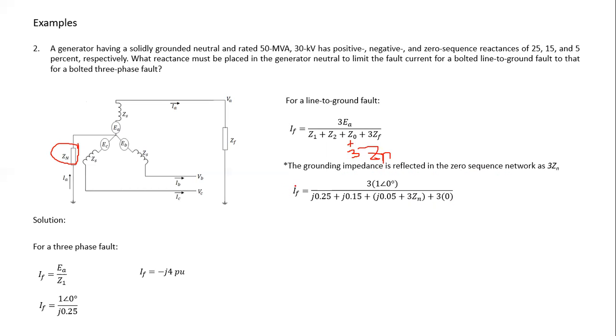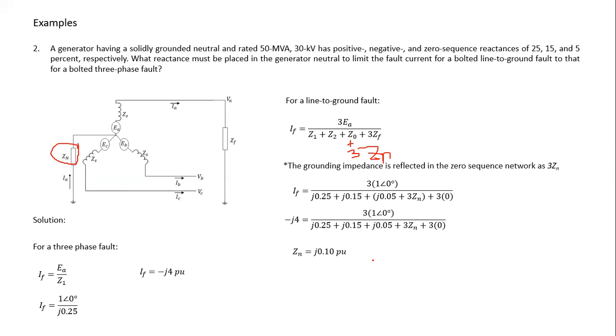And the value for IF is equal to the value of the three-phase fault, negative j 4. We substitute it here, and then solve for ZN. Solving for ZN, the value is j 0.1 per unit.